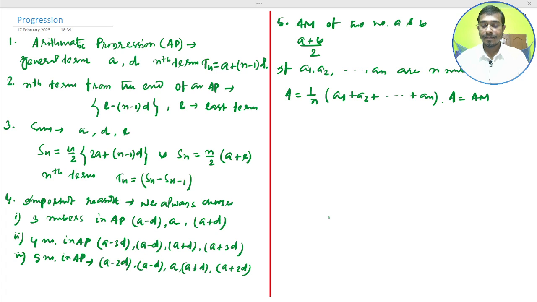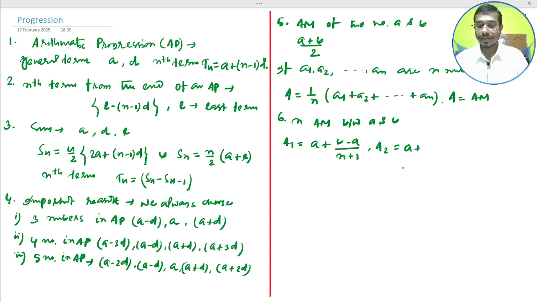N arithmetic means between A and B. Next concept, N arithmetic means between A and B: A1 is A plus B minus A divided by n plus 1, and A2 is A plus 2 into B minus A divided by n plus 1, and such that An is A plus n into B minus A divided by n plus 1.